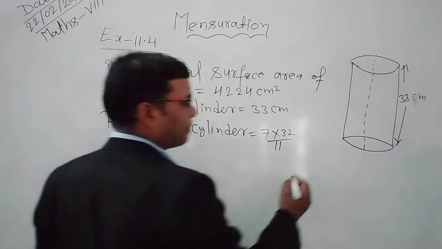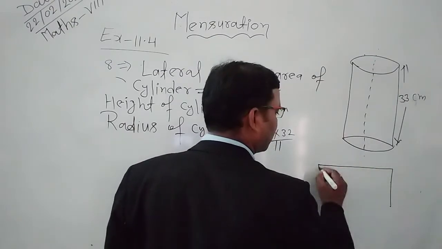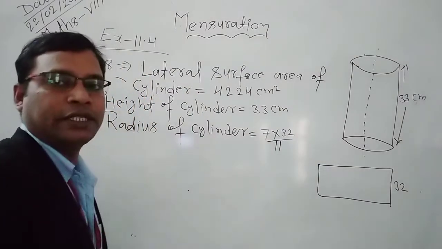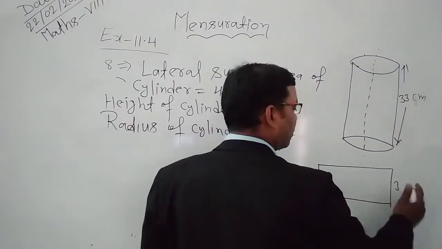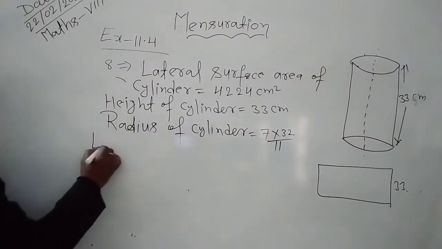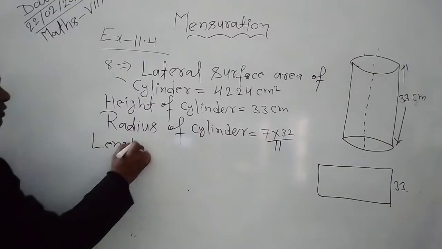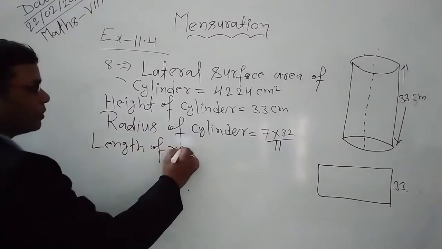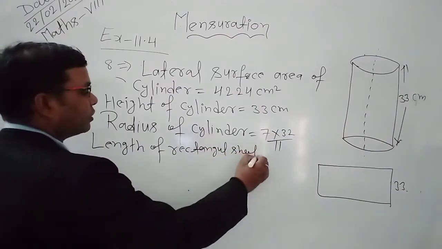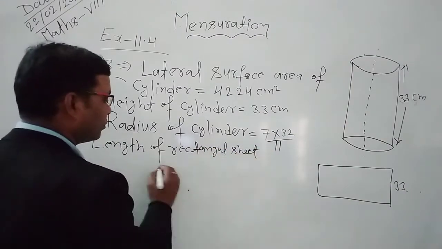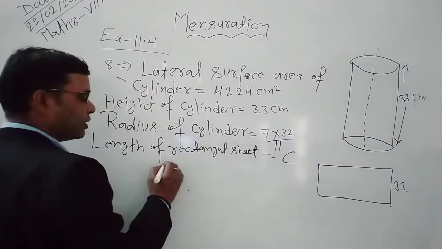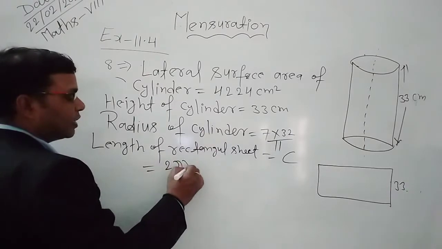Width of this rectangular sheet is 33. This is given. We need to find the length. So the length of the rectangular sheet is equal to the circumference of the cylinder C, or you can say C is equal to 2πr.